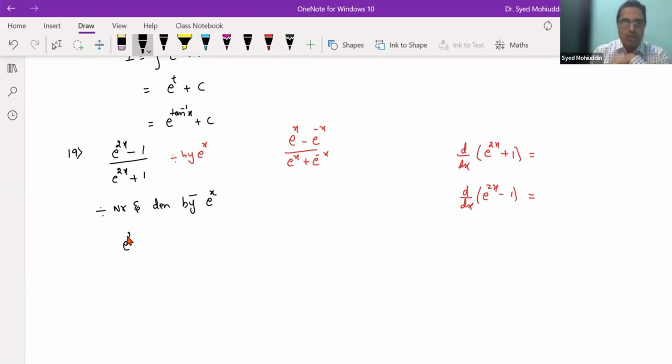E power of 2x, right? Divide this term by e power of x. The whole of the numerator is divided by e power of x, and the whole is divided by the denominator, where again you have e power of 2x. Each term is divided by e power of x.